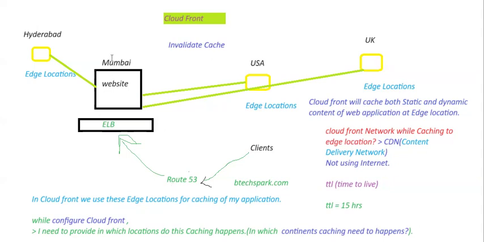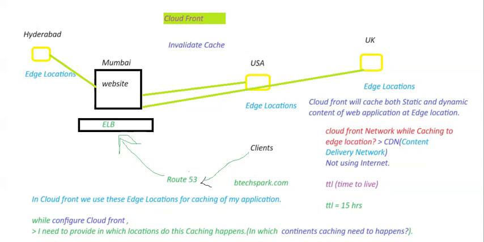Since it is Mumbai, which has an elastic load balancer, the request will be routed to this elastic load balancer. This Route 53 will remember this address and this domain name. So whenever this domain name comes from the Mumbai region, it will just route to the Mumbai region LB URL.